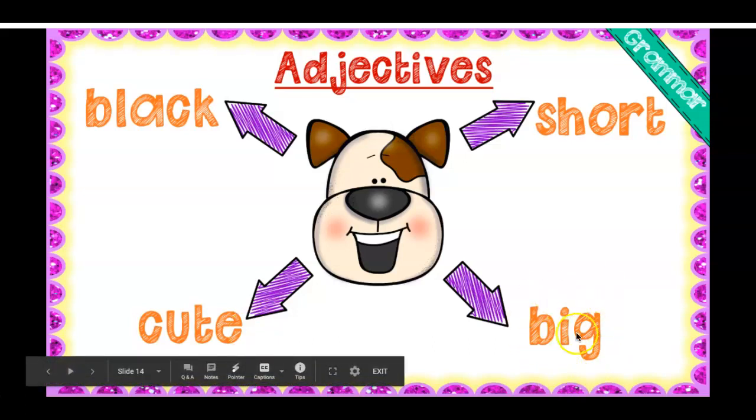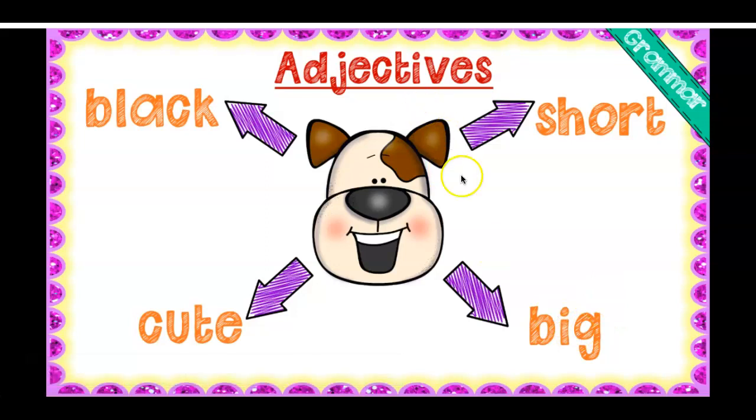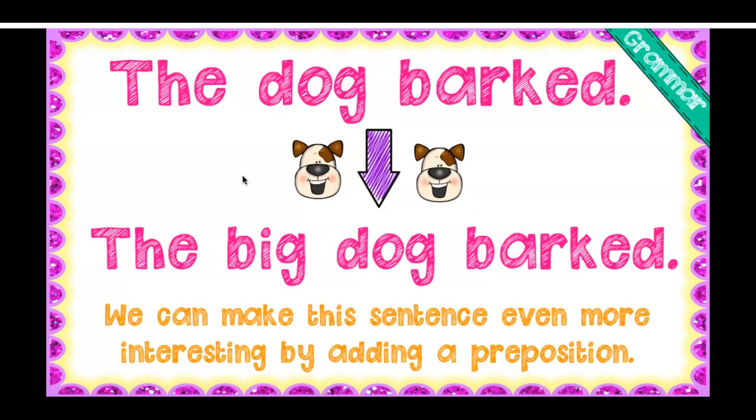All of these words are adjectives that describe the dog. So my sentence is getting a little bit better because I changed it from the dog barked to the big dog barked. Now my reader can have more of a picture in their head of what this dog that's barking looks like. And now my reader knows it's a big dog.